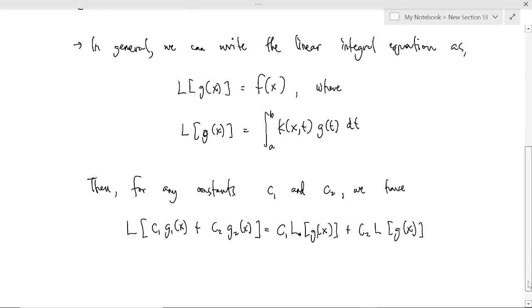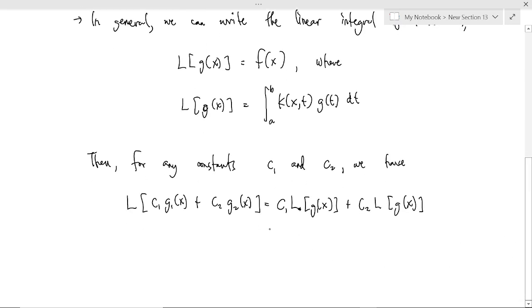This means we can see that we can actually write the left-hand side in terms of the right-hand side, which basically means that integral equations satisfy the linear property.